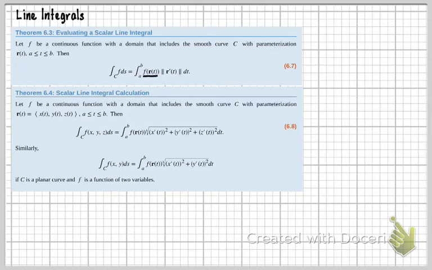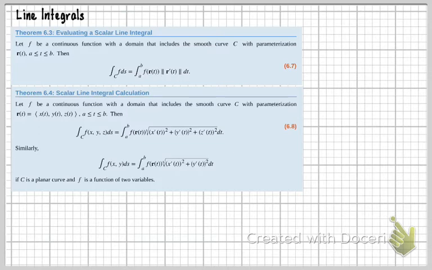There's a few things I want you to see here before we move any further. Notice that I'm plugging r(t) into the f, so that means this would be a function with variables t in it. Another thing I want to point out is the magnitude of r prime t dt.